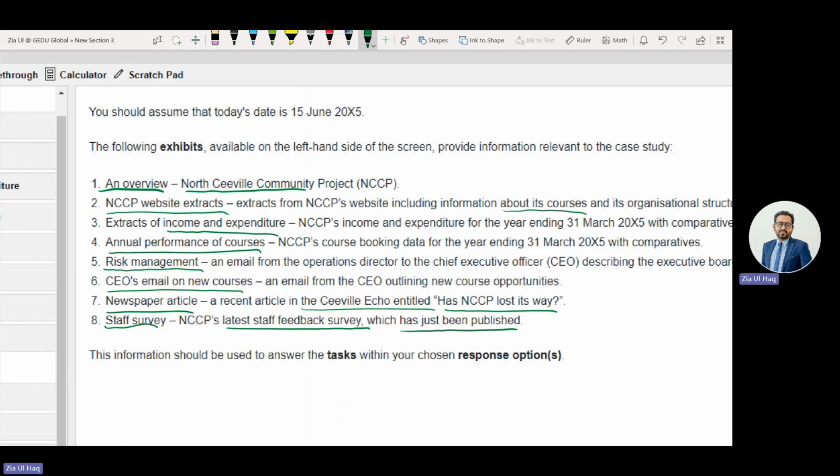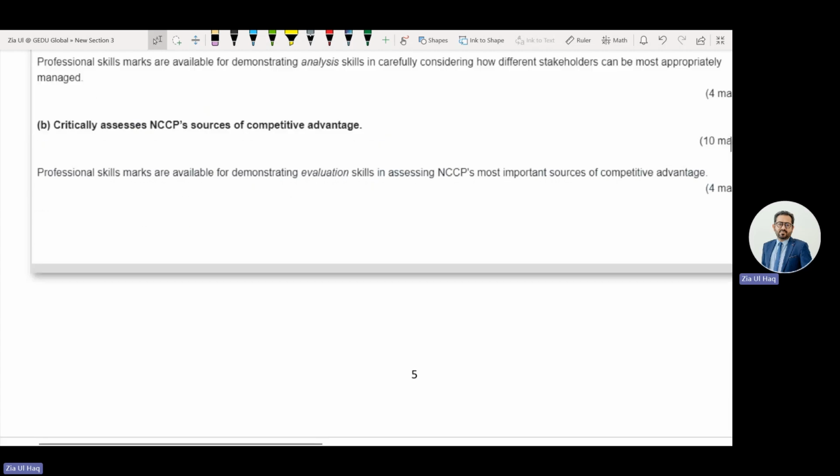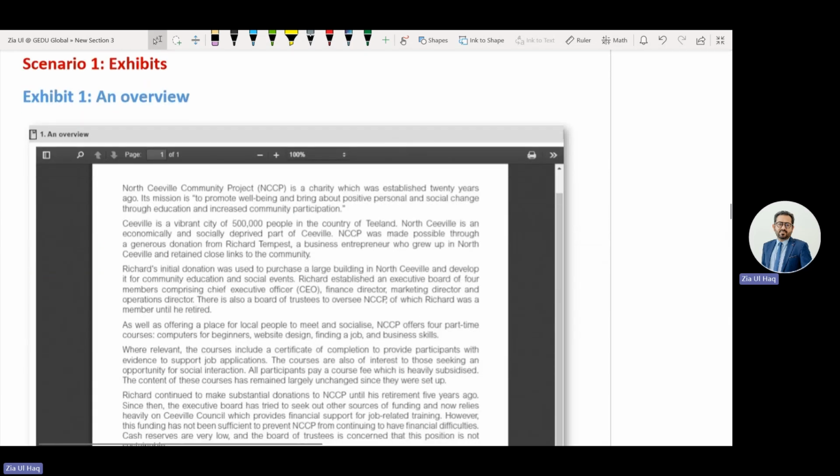And these 8 exhibits include the pre-seen as well as information about the company, because at that time there was no pre-seen. This is an old case study. So moving towards case studies, there are requirements, but we don't need to see requirements now. That we will see while sitting in the exam center.